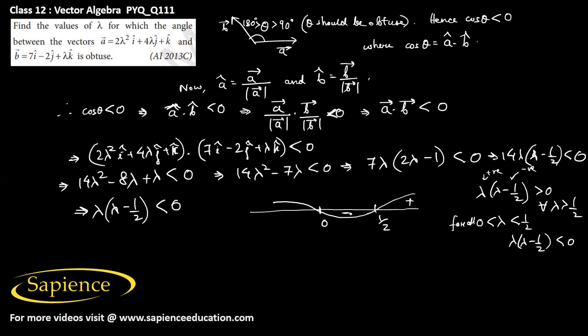For all values of lambda less than 0, both factors are negative, and negative times negative is positive, so the expression is greater than 0. So only the middle region we should take.